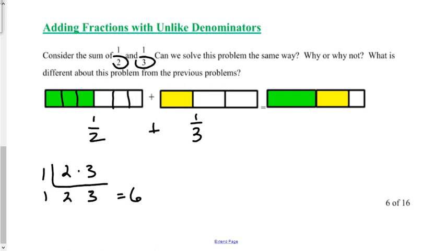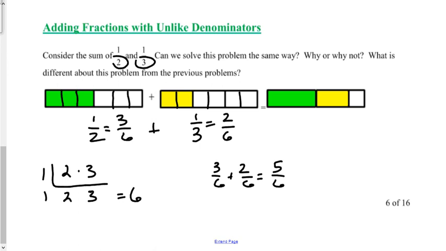now you can see that instead of 1/2, what I really have is 3/6. And instead of 1/3, if I divide them into 6 equal parts, now what I have is 2/6. So instead of 1/2 plus 1/3, my equation has now become 3/6 plus 2/6. And we have common denominators.